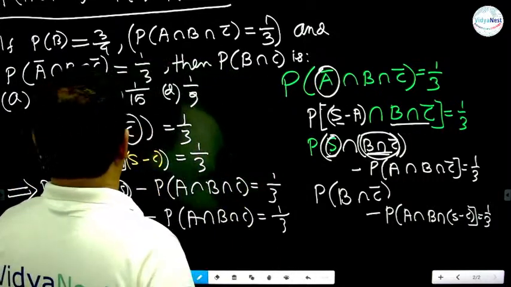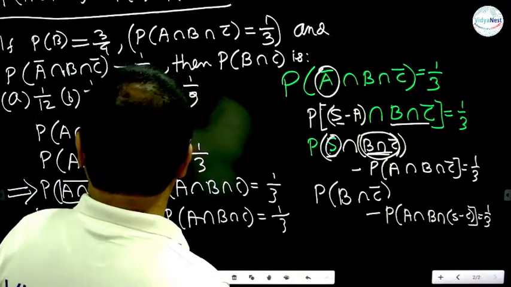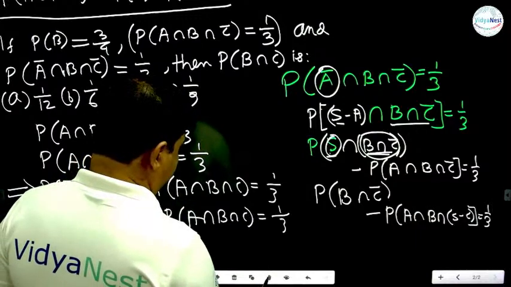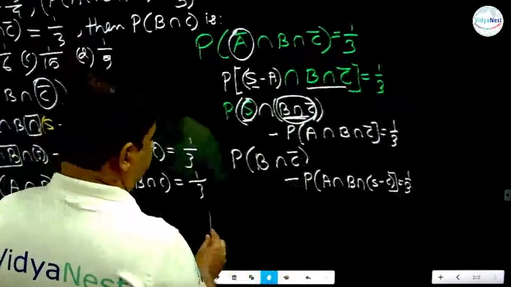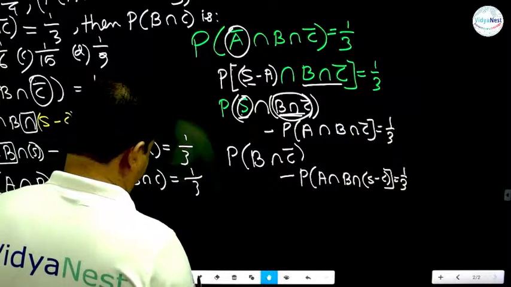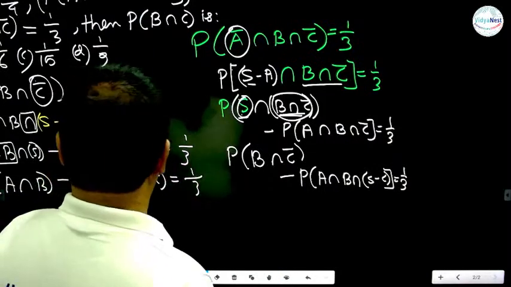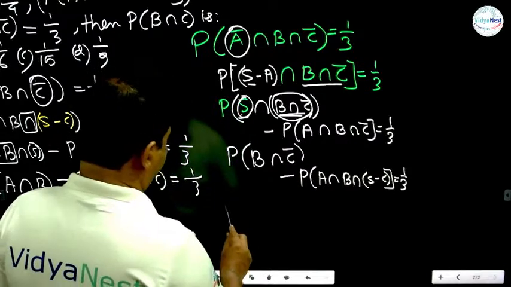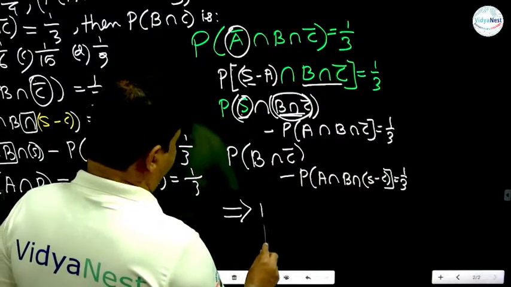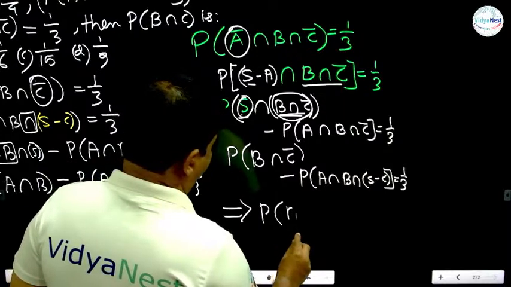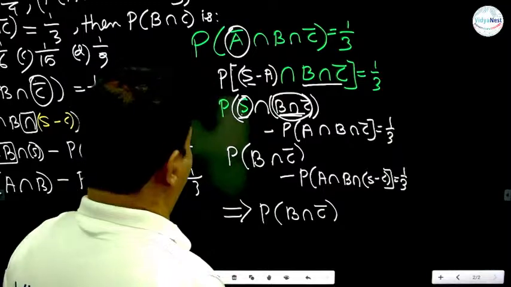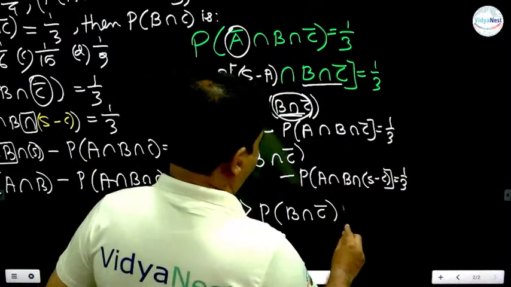Okay, sir. Now, you see B intersection C complement. I will split this.